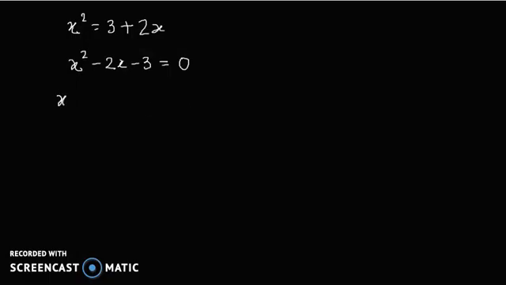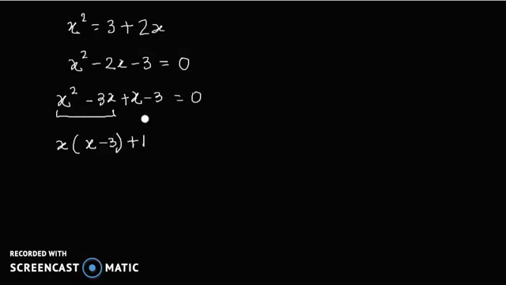So x square minus 3x plus x minus 3 equal to 0, and from these two, taking x common, we get x minus 3, and from the next two terms take one common, so you get x minus 3 equals to 0.